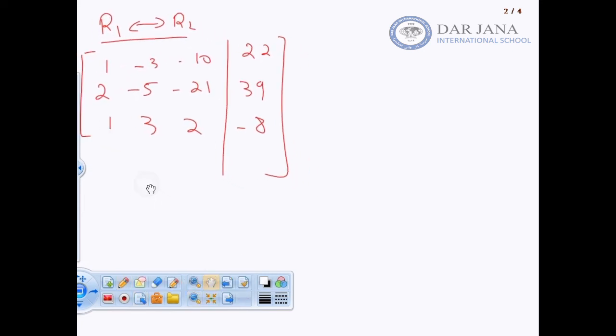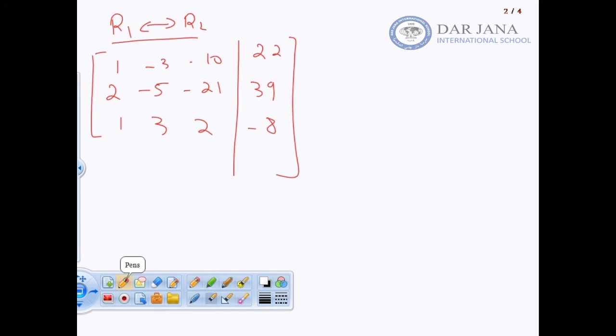So I interchange R1 with R2. Next operation, I'm going to multiply R1 by negative 2, and I'm going to add it to R2.